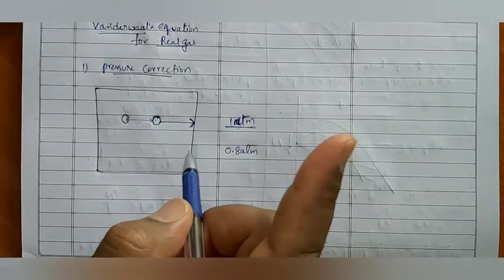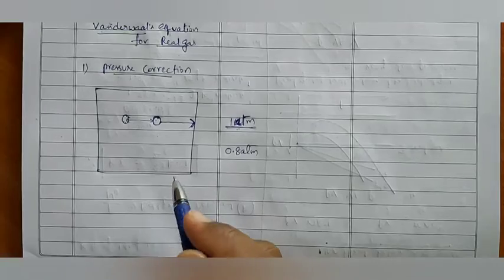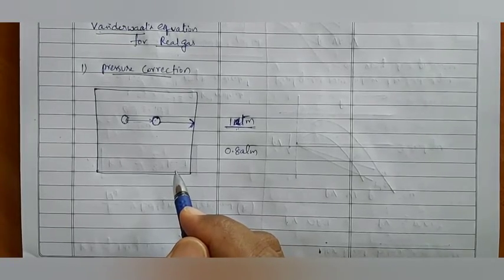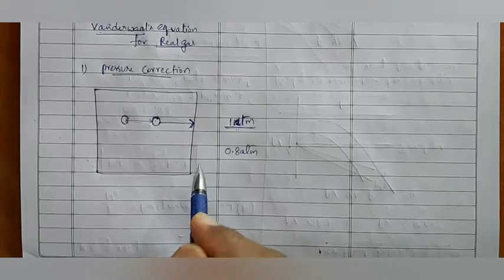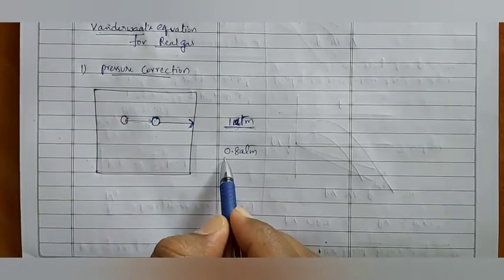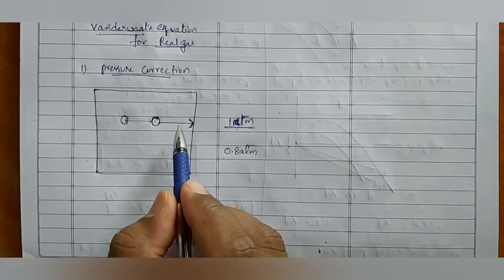That's why attractions between the molecules are playing a very important role. Ideal gases do not contain attractions between the molecules, as we have already seen in the kinetic molecular theory of gases. Here real gases contain attractions. Because of that attraction, less pressure is applied on the walls of the container. Is it correct or not?